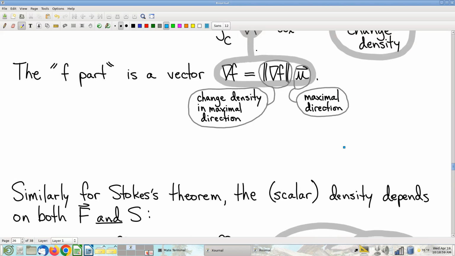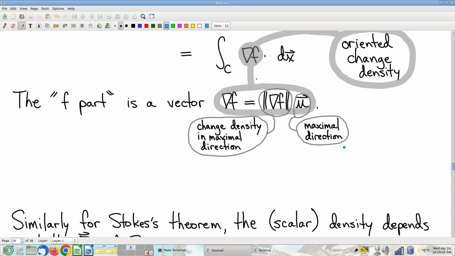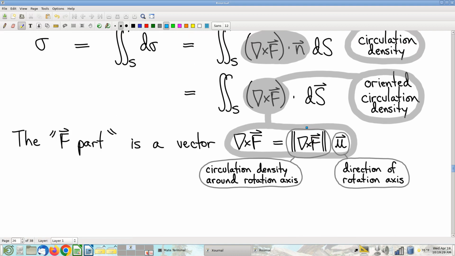And in the same way that, if I claim that we're going to think of gradient as oriented density, we can interpret geometrically from that. The magnitude is telling us, generically, independent of the actual curve, how fast is the function changing in its maximal direction. And it is also telling us what that maximal direction is, right? Likewise, there are interpretations you can make of the oriented circulation density, namely curl.